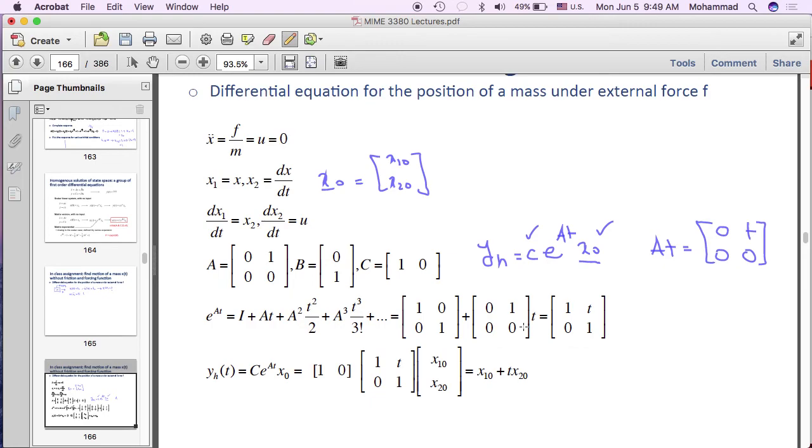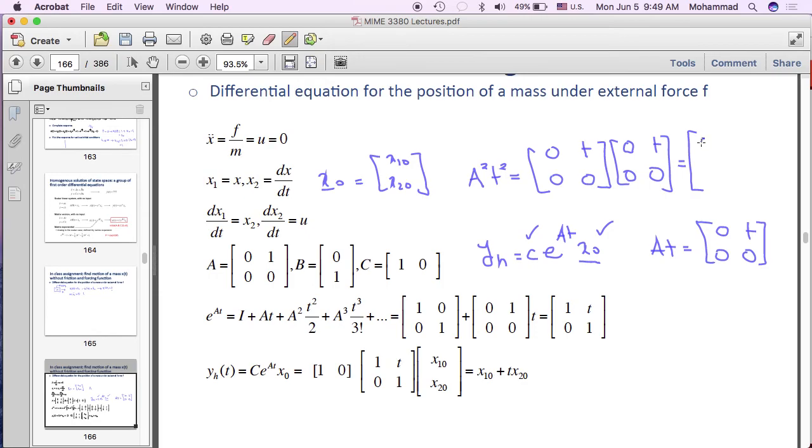Why? Because if you find A squared T squared, in order to find it, you take the matrix and multiply it by itself. This is a 2 by 2 matrix multiplied by a 2 by 2 matrix, so the result has to also be 2 by 2. Let's take row 1, which is 0, T, and multiply it by the first column of the second matrix. What is the answer? 0 times 0 plus T times 0.